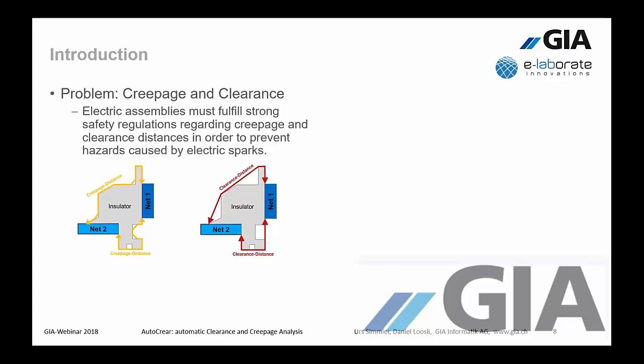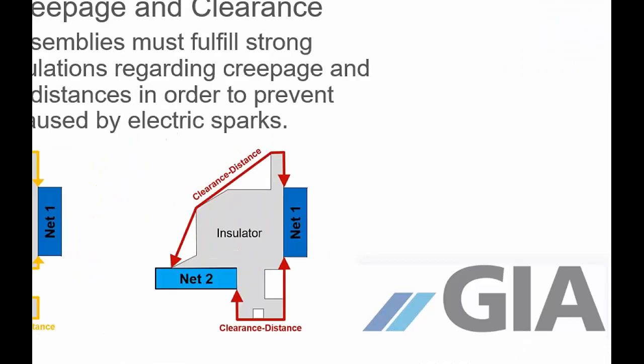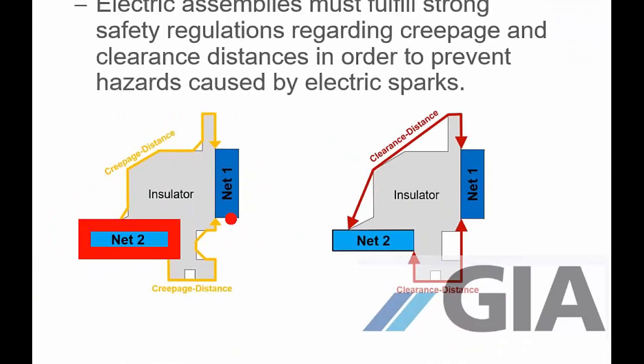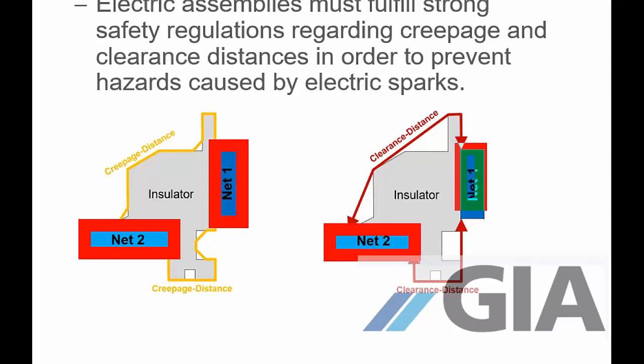When we have electrical components, there are very strong safety regulations about clearance and creepage, because when you have a potential here, and the same thing here, we have to make sure from a safety aspect that the distances between those two potentials reach a certain level.